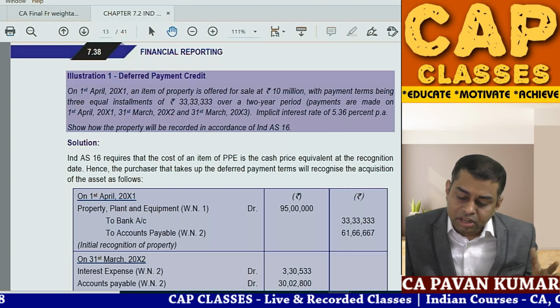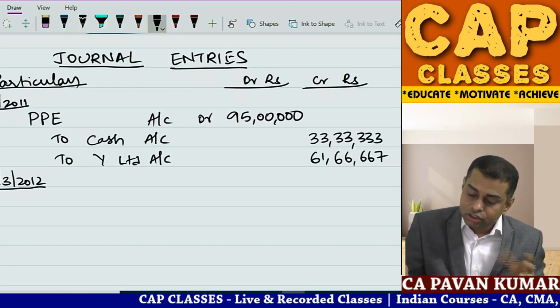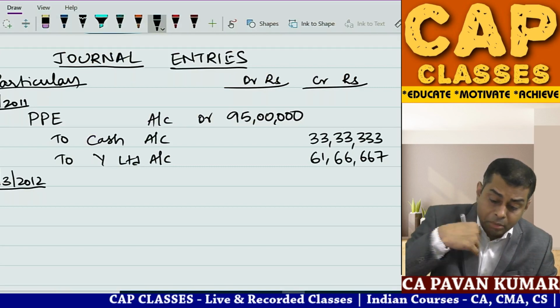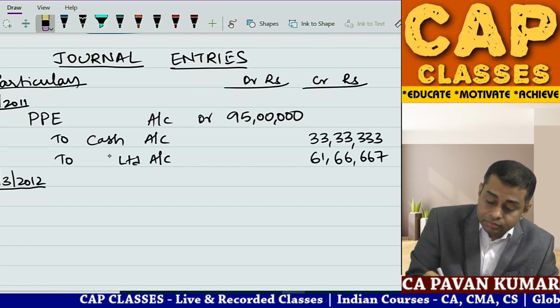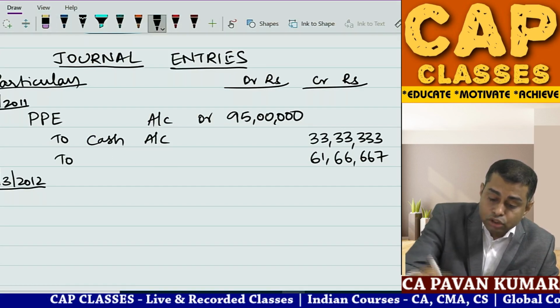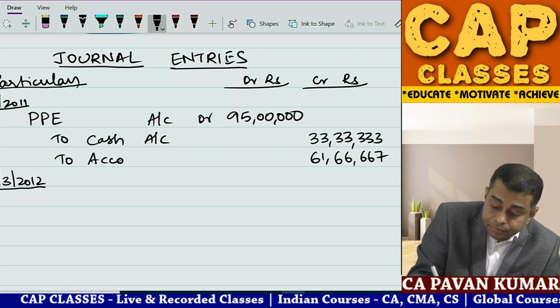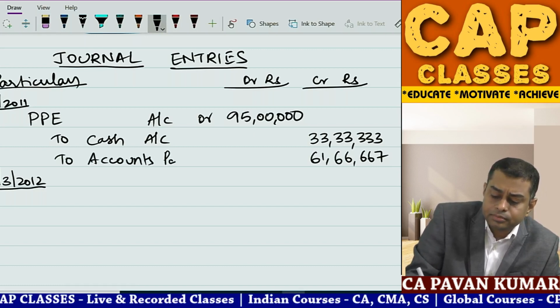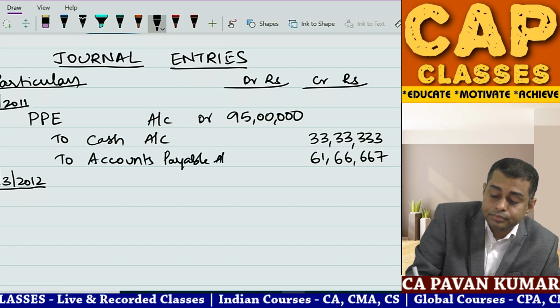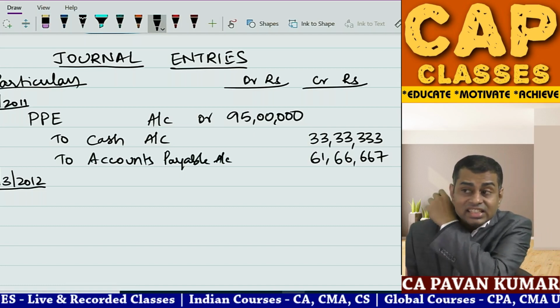There is no X Limited, Y Limited; it is our assumption. So here we write accounts payable, supplier. Accounts payable is 61,66,667.